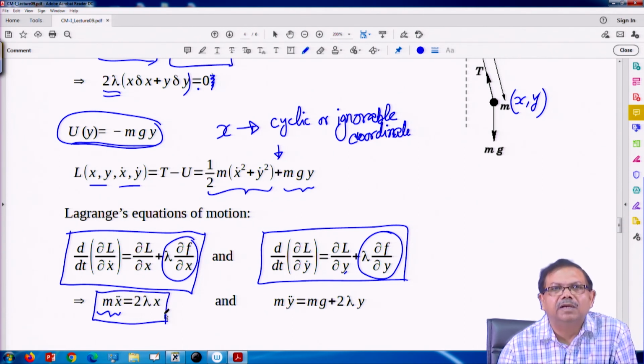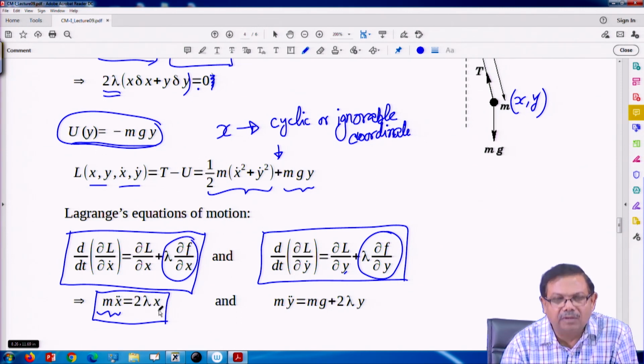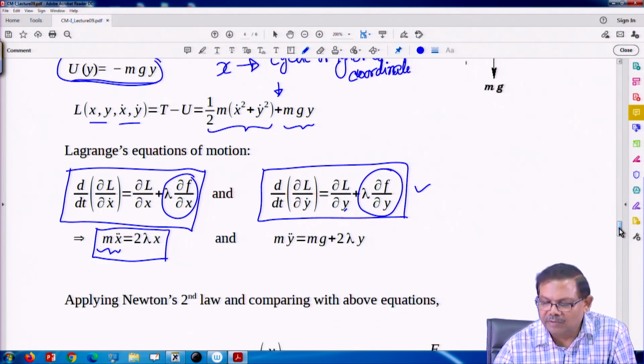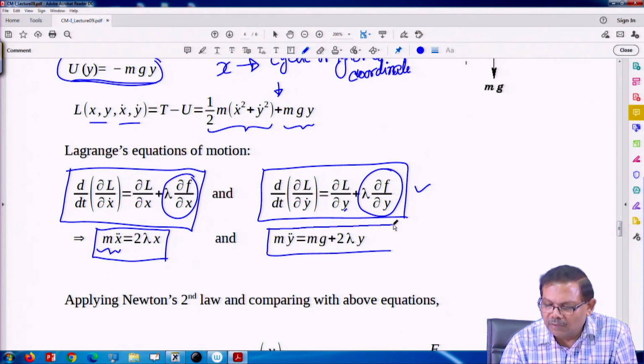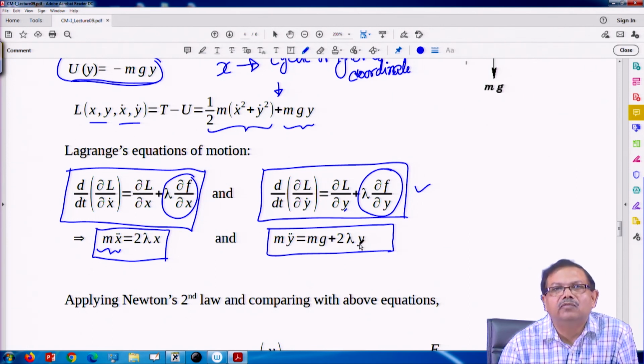So, we have an equation m x double dot equals 2 lambda x. Similarly, for the second one, we get m y double dot equals m g minus 2 lambda y, because 2y is ∂f/∂y.